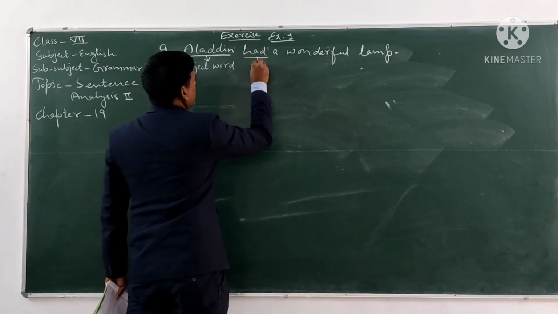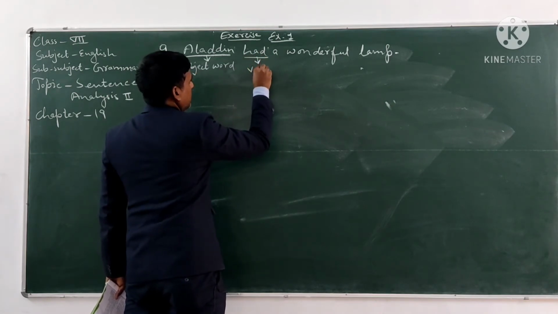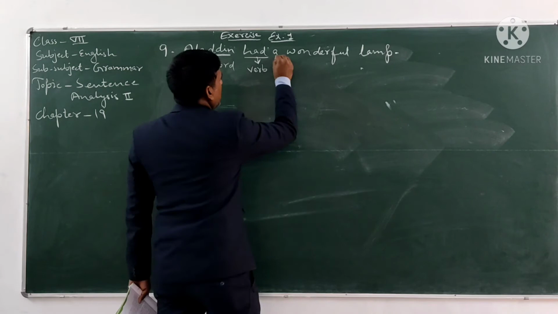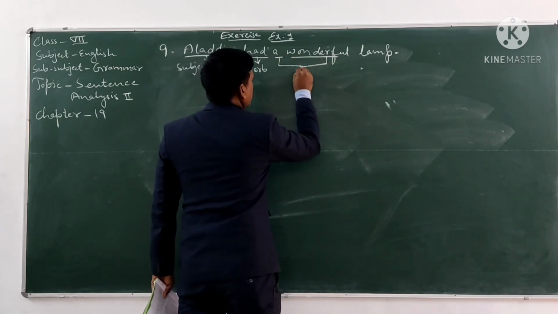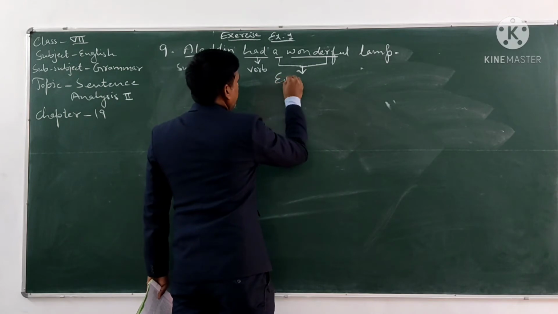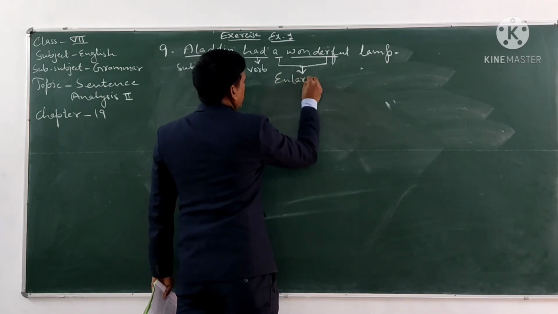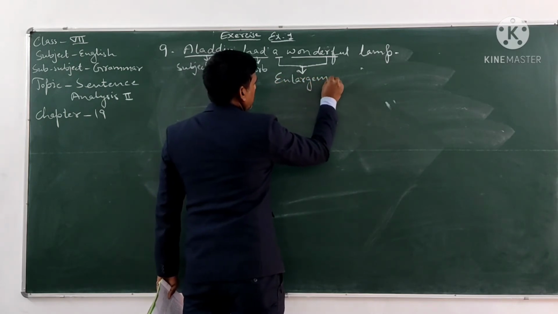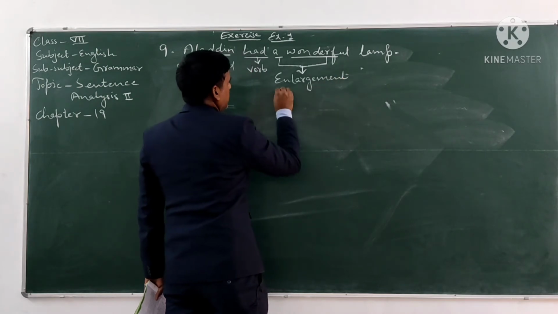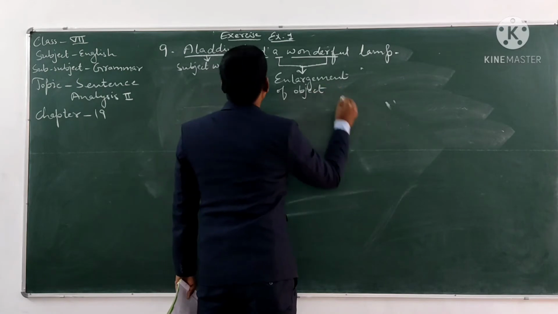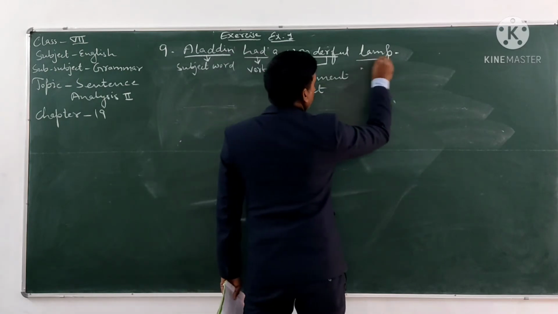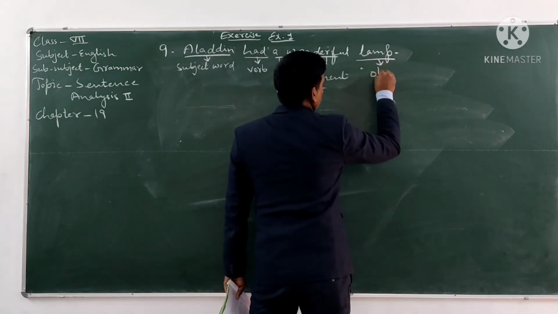Had is the verb. And a and wonderful, these two words are the enlargement of object, and lamp is the object.